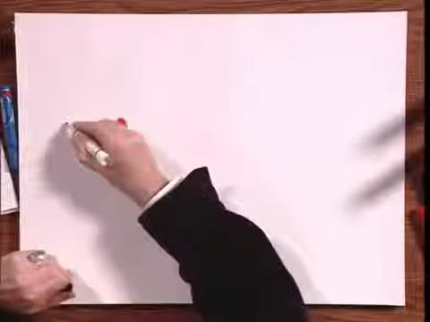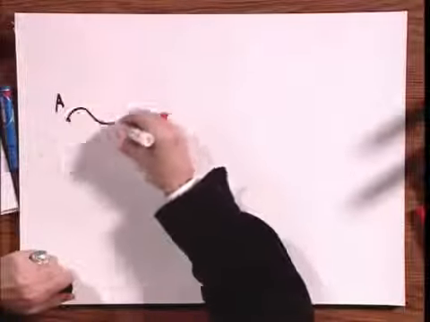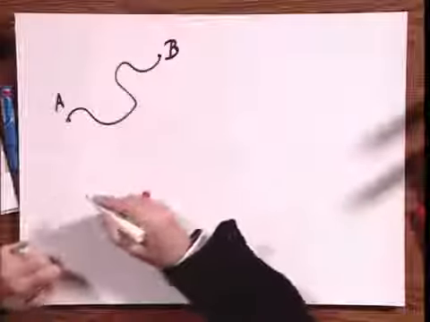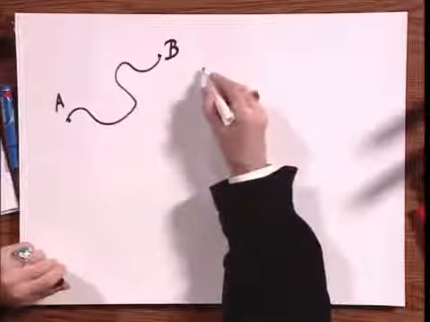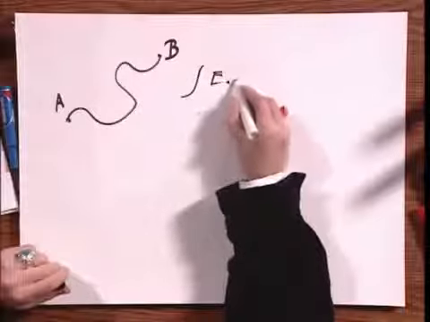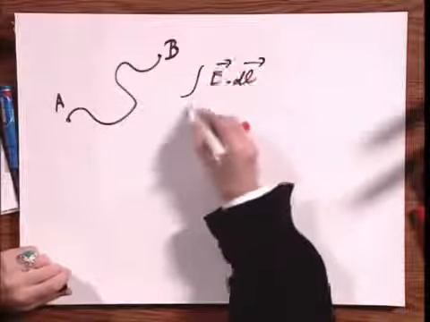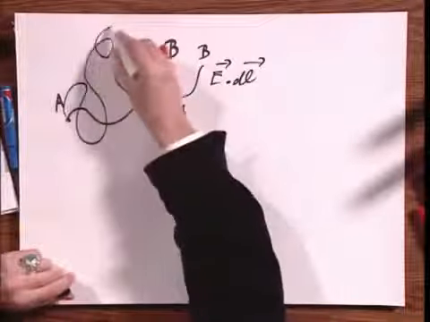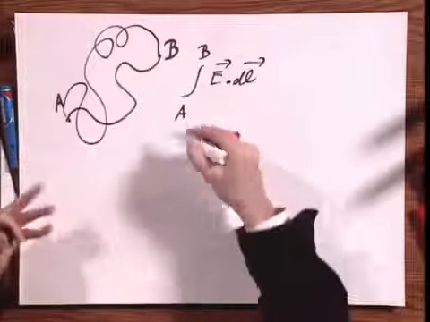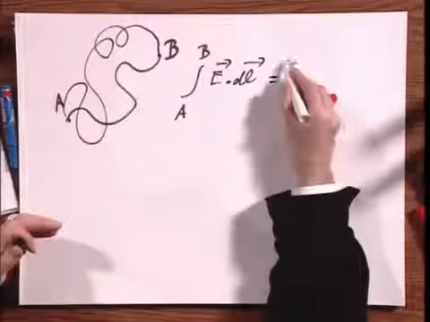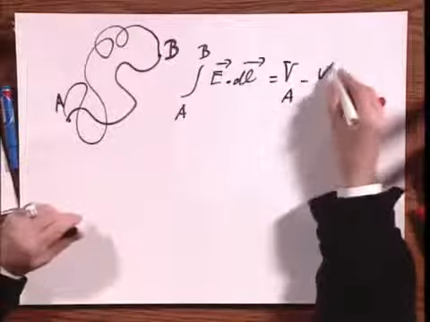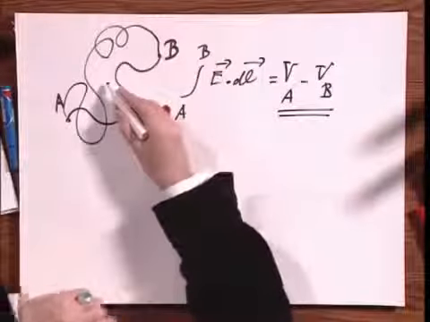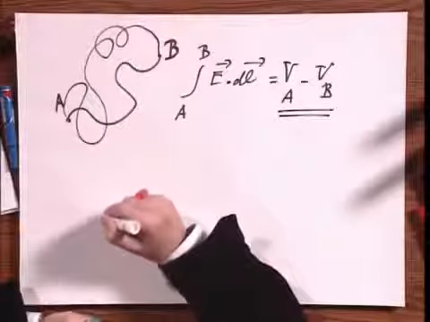So if I go from point A in some crazy way to point B, and if the integral of E dot dl along this path is independent of how I'm going, then the potential difference, VA minus VB, is uniquely determined, and we call the electric field then a conservative field.